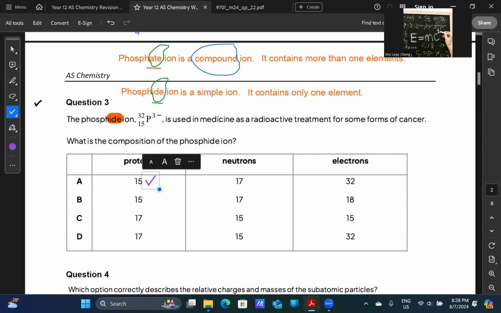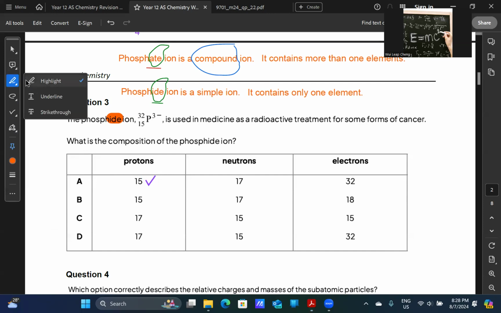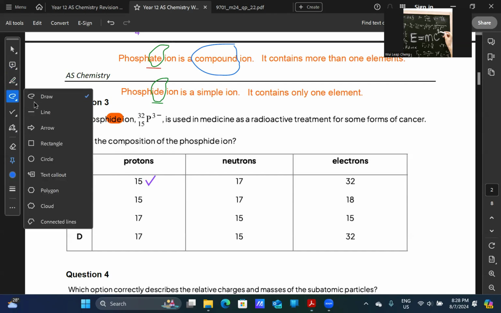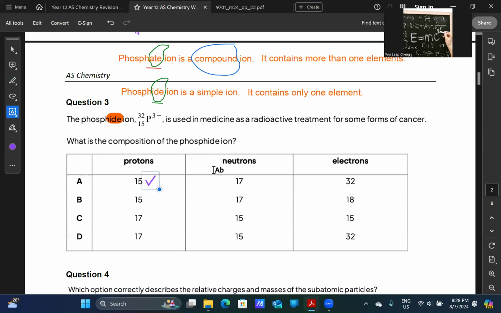And for the number of neutrons we should use the mass number minus the proton number. 32 minus 15, then we get the answer 17. And this is an ion. The number of protons and electrons will not be equal.